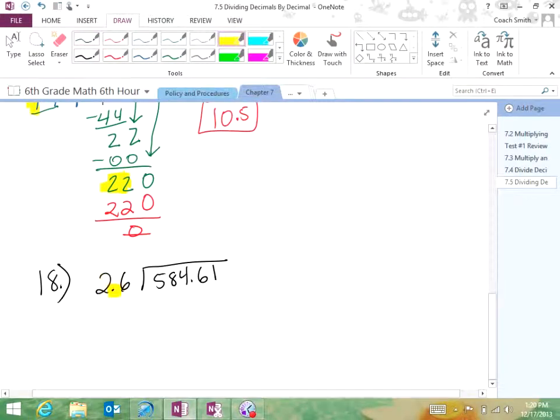Okay, so I can't have that. That is not allowed. So I've got to move it one place to the left. Do the same thing on the inside, one place to the right.